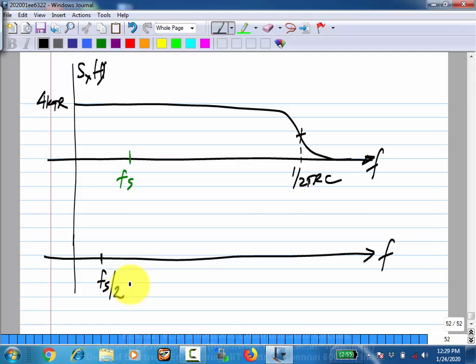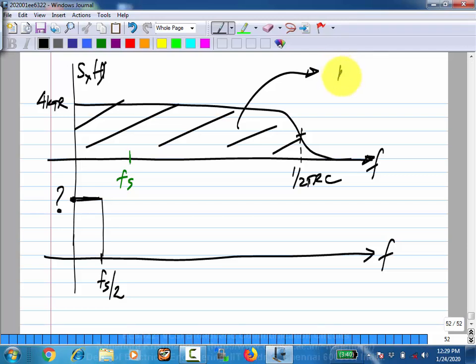We already established that if the sampling rate is much smaller than the bandwidth, it will be white, okay. And what will be the level here? So what is the variance here?